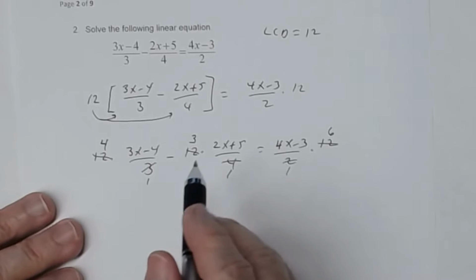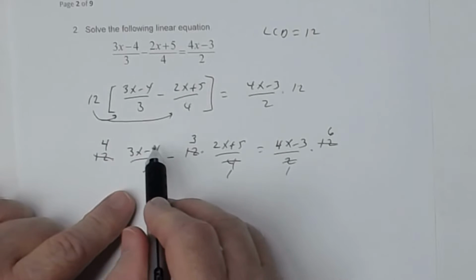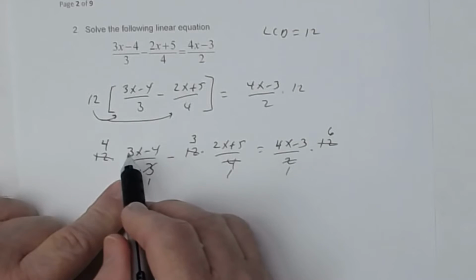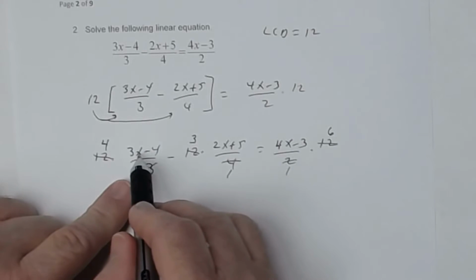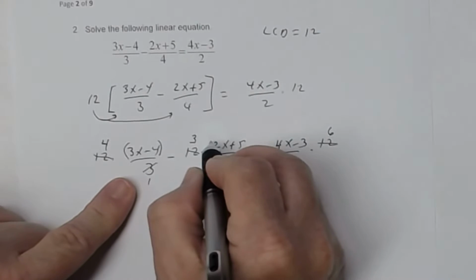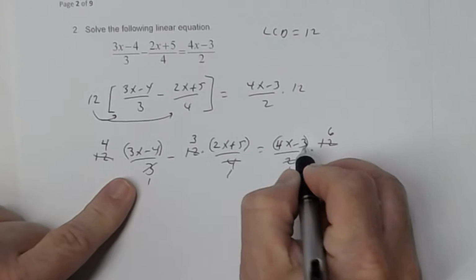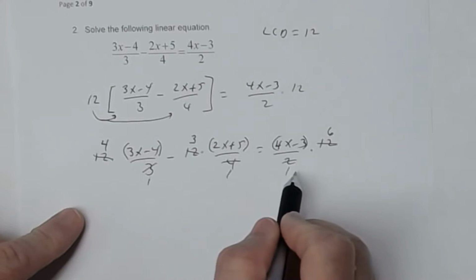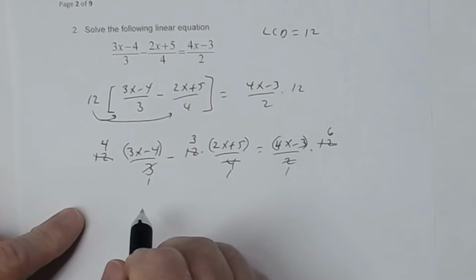Now, be careful. So the expression that's in the numerator has to be multiplied by 4. So both of those terms. So to be careful, you need to put all of these in parentheses. All right. Now, notice that these denominators are now 1s, right? So that's what you wanted. You wanted these to be factors of 1.